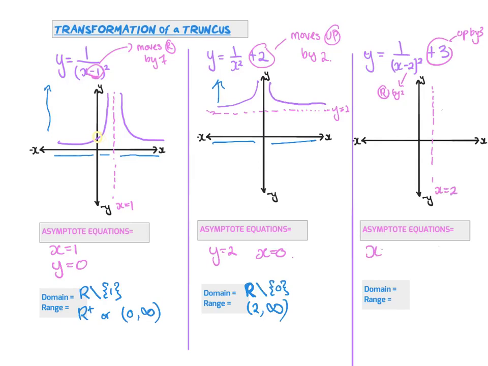So there's one asymptote equation, and we moved up by 3, so we've got y equals 3. That's another asymptote equation. And if we go to draw our graph, here we've got our truncus, and you can see that we have a y-intercept. So don't forget to find that when you need to as well.